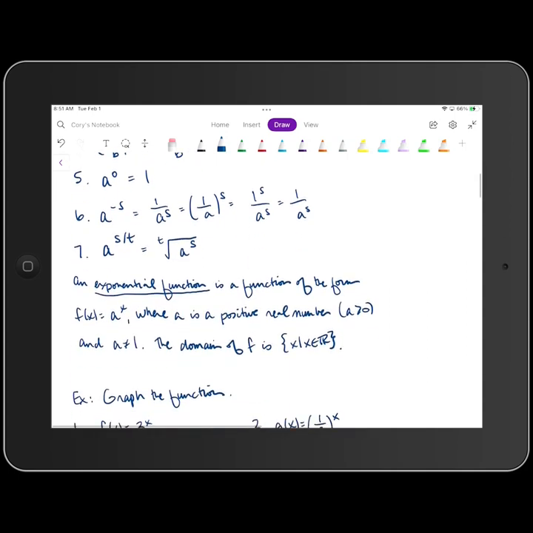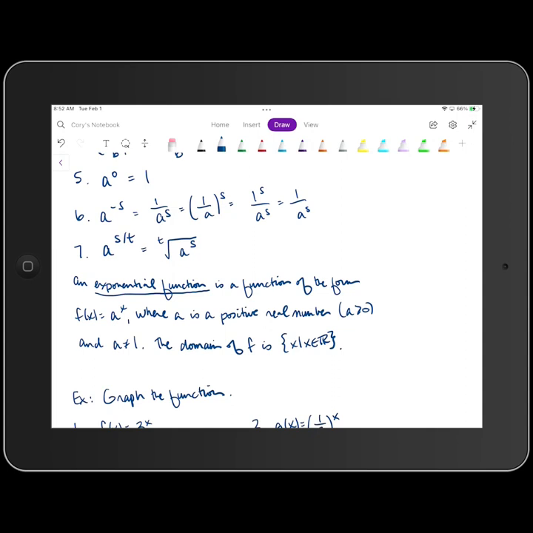Okay, so let's get into defining the exponential function next. An exponential function is defined as a function of the form f of x equal to a raised to the x power, where a is a positive real number, so where a is greater than 0 and a cannot be equal to 1.